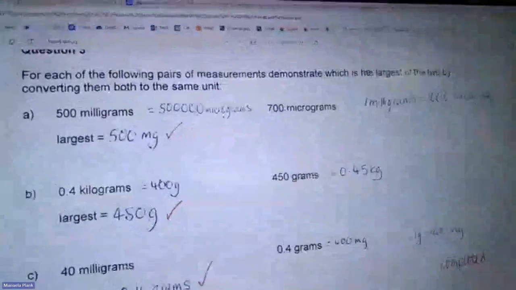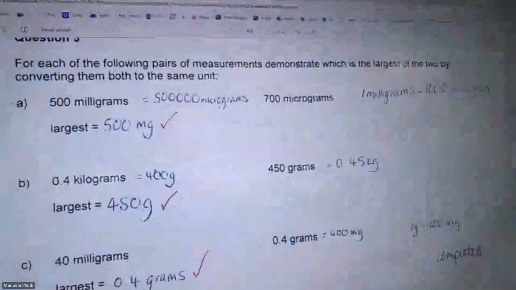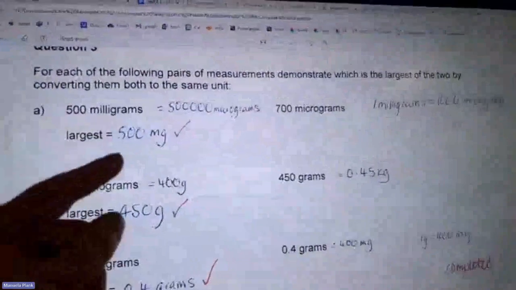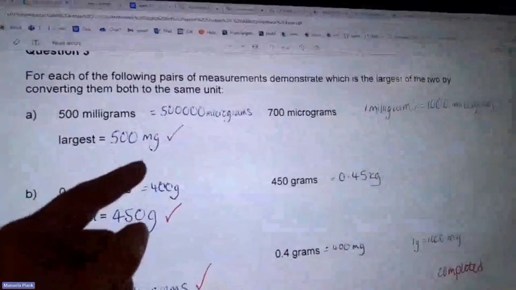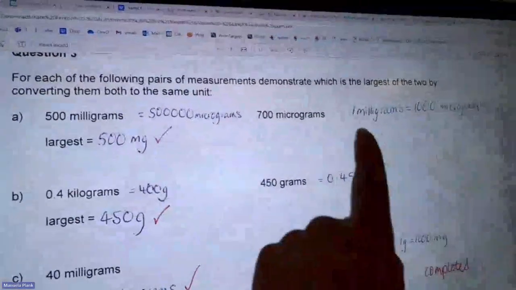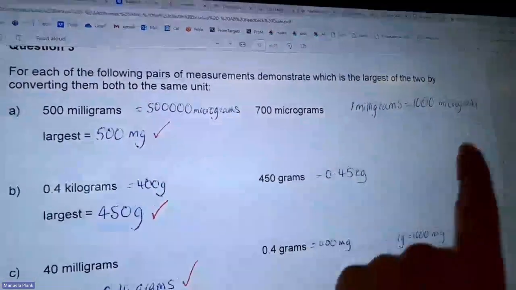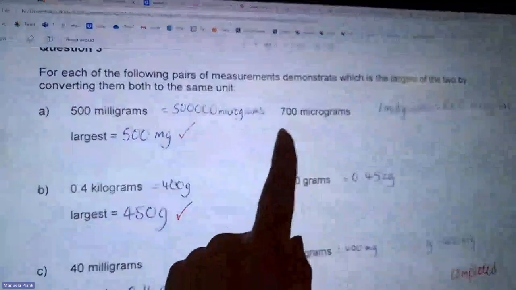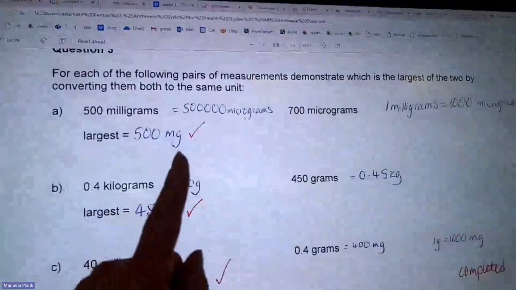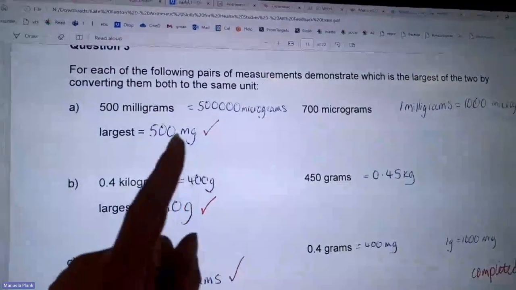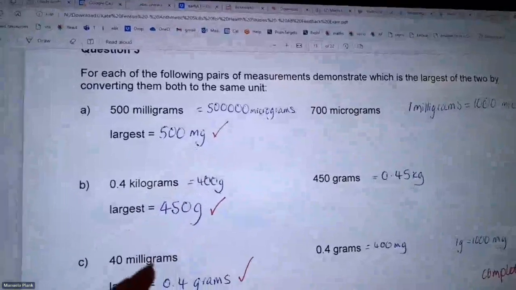So that is the conversion table. 1,000 is always between those. That means here in this section, she also wrote down 1 milligram is 1,000 microgram. So then it was easy for her to figure out that 500 milligram is larger or bigger or heavier.